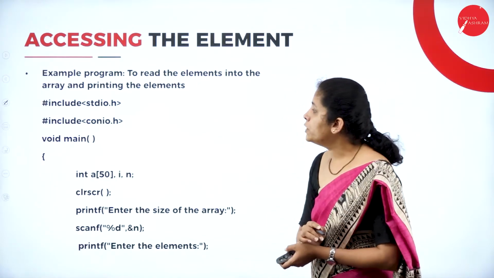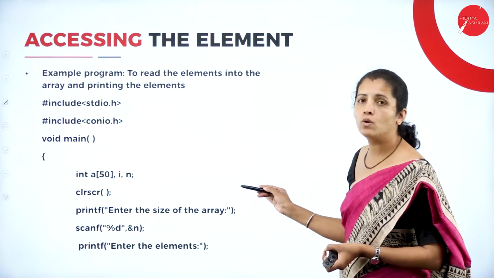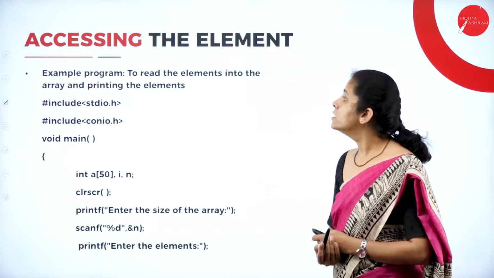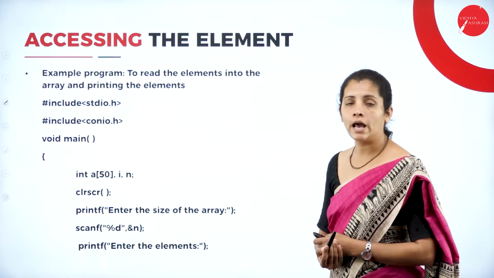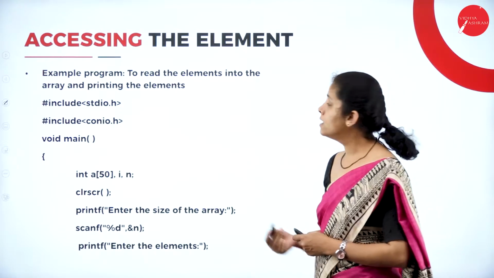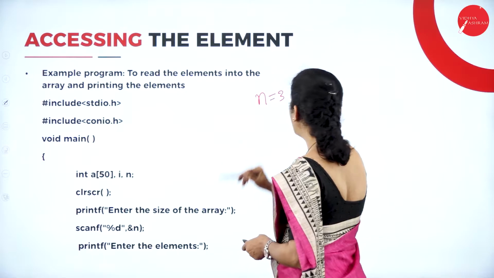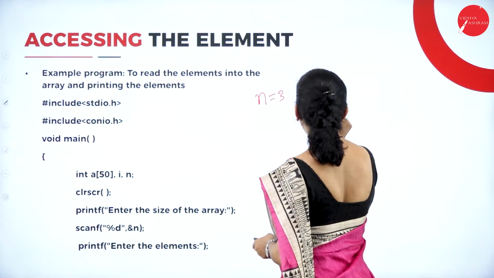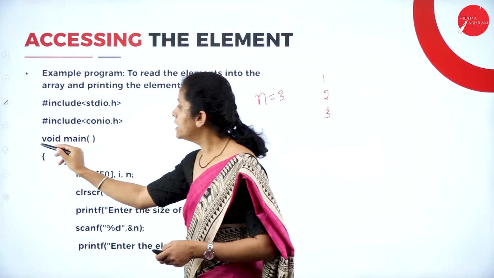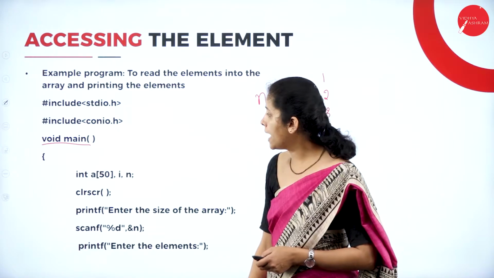Now I'm going to have a simple program. So this is the simple program used to read the array element and to print the array element. Now, dear student, think that my array size is 3 and I'm going to read the values 1, 2 and 3. So, the actual execution of the program is going to start from main program.